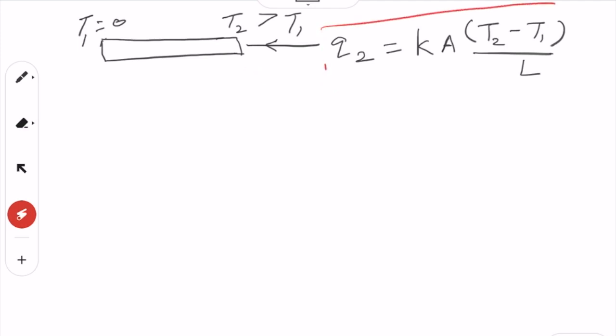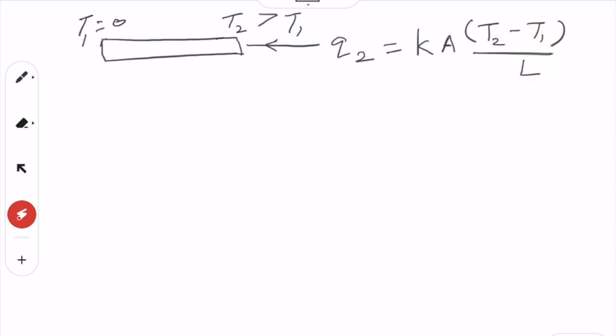If you look at our derivation, we have assumed that if T1 is 0 and T2 is greater than T1, then since the energy flows from higher temperature to lower temperature, Q2 is positive in that case. It will have a positive value, Q2 equal to K A multiplied by T2 minus T1 divided by L. So we got that.